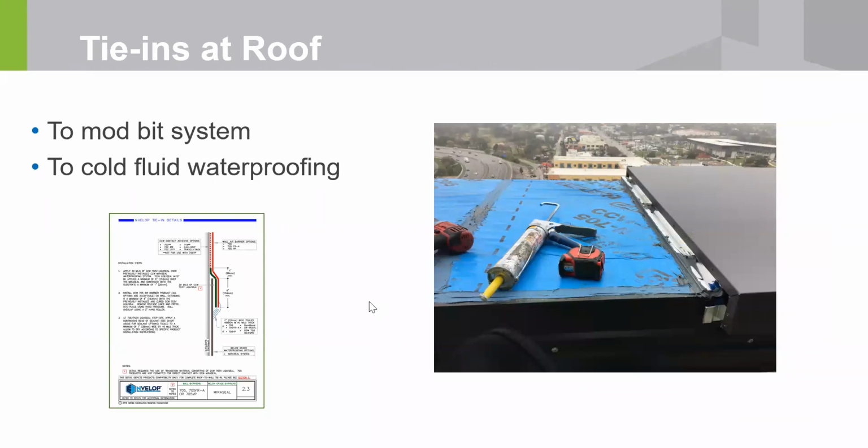Now we're going to cover some tie-ins. So here was a tie-in at the parapet, the parapet wall cap, I should say. You have a peel and stick membrane going over the top of it, and then it's lapping onto the wall side where the liquid is, and then there's a tie-in of the roofing materials. You've got to make sure to do that tie-in.